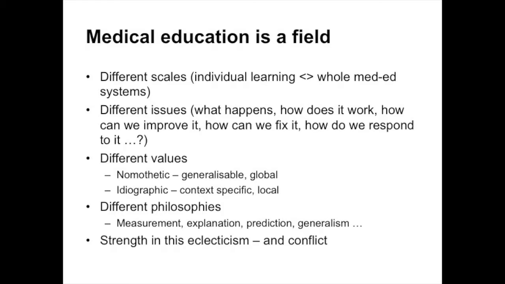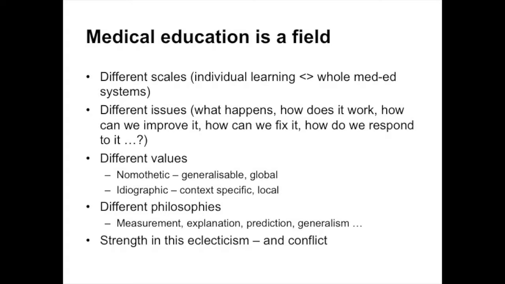Health professions education also works at a range of different scales, ranging from individual learning through to whole medical education systems. It also addresses different issues, such as what happens, how do things work, how can we improve them, how can we fix them if there are problems, and how do we respond to new and emerging challenges.